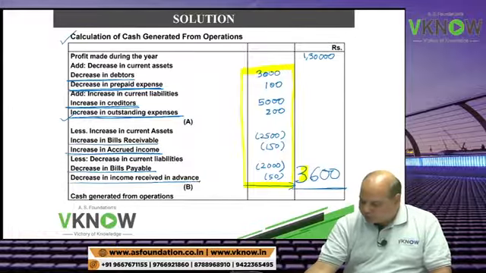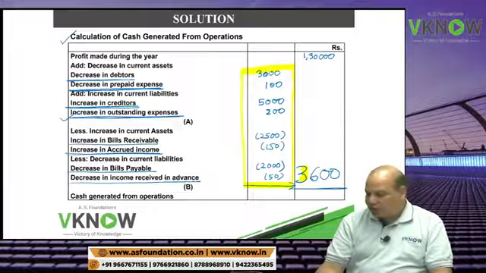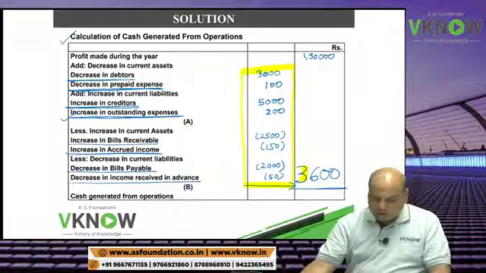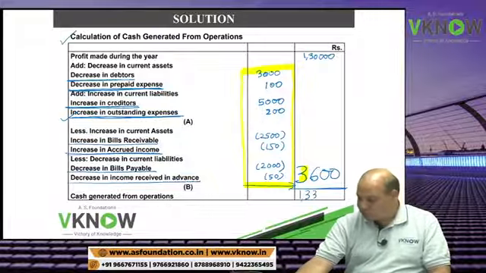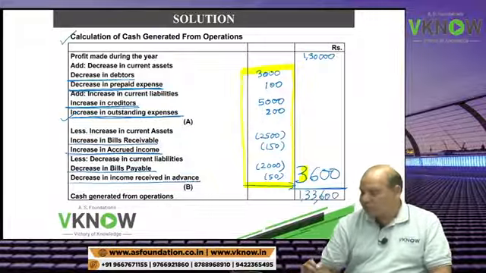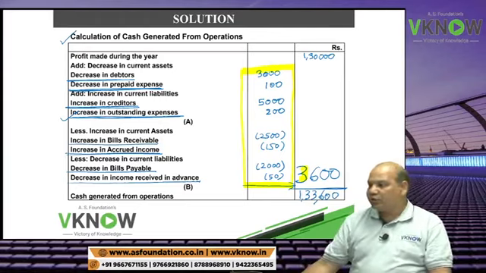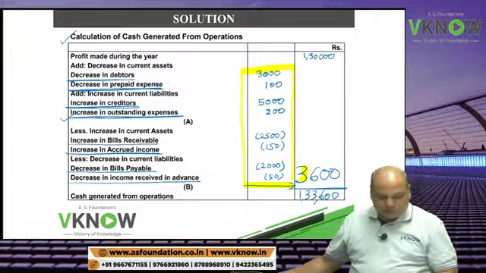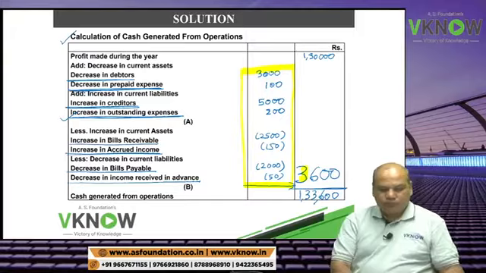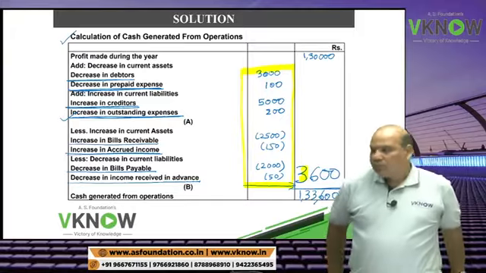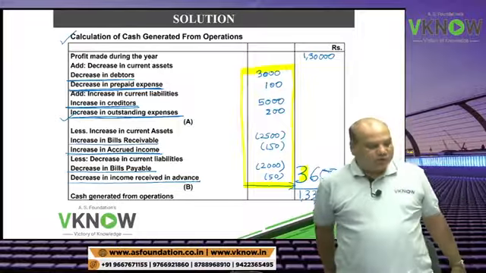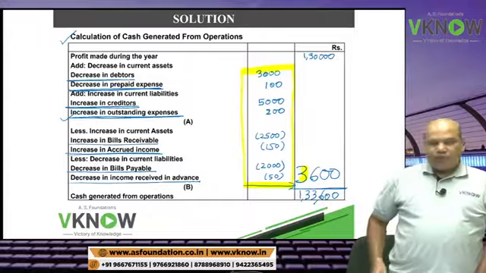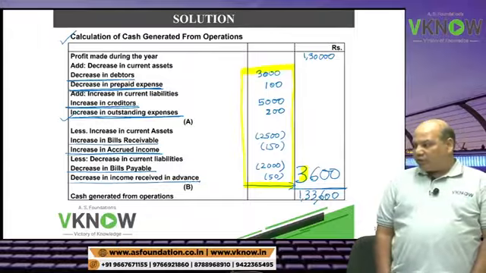Therefore, in the last line, write down cash generated from operation 133,600. Check the answer and tell me if this is right or not. Everybody, please check. 133,600 is the answer.